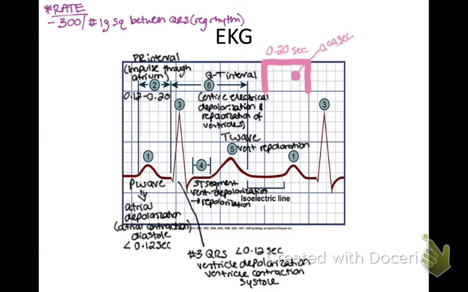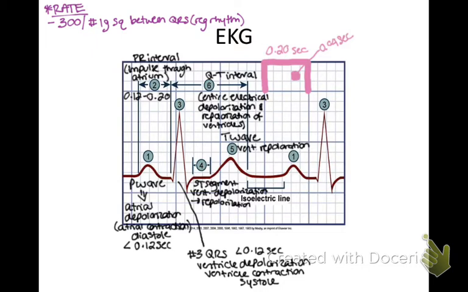So if you have a regular rhythm, normal sinus rhythm, sinus bradycardia, even sinus tachycardia, you can count the number of large squares in between your QRSs. So this right here, you count the number of large squares in between. So this one you have about 1, 2, 3.5, right?